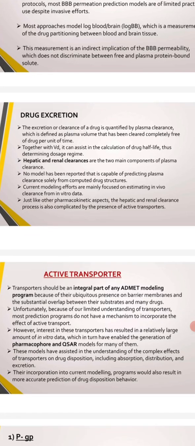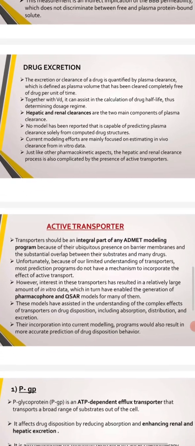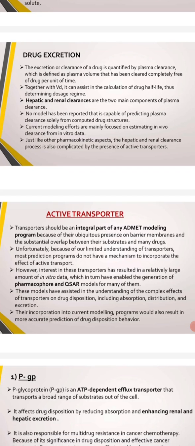Now, active transporters. Active transporters should be an integral part of ADMET modeling programs because of their ubiquitous presence on barrier membranes and the substantial overlap between their substrates and many drugs.